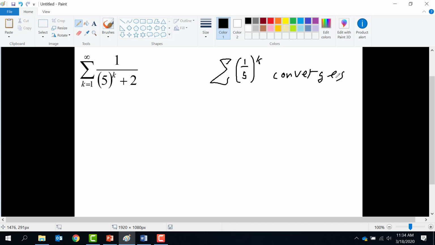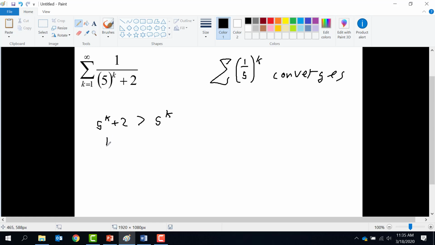So then if the series converges, then we need to show that the terms of this series here are smaller, and so then that one will converge as well. And so to do that, it's pretty clear that 5 to the k plus 2 is bigger than just 5 to the k.